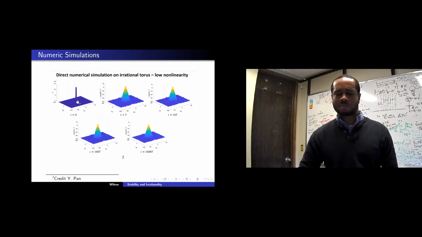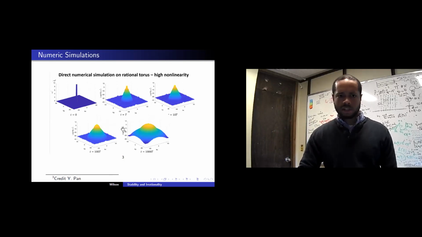And if you have a smaller size initial condition, and the size is in HS, then again, you're localized. You stay localized forever. And the localization is even stronger when you have a smaller HS norm. Okay, and he did a simulation for the irrational torus as well. And this does exactly what we expect.